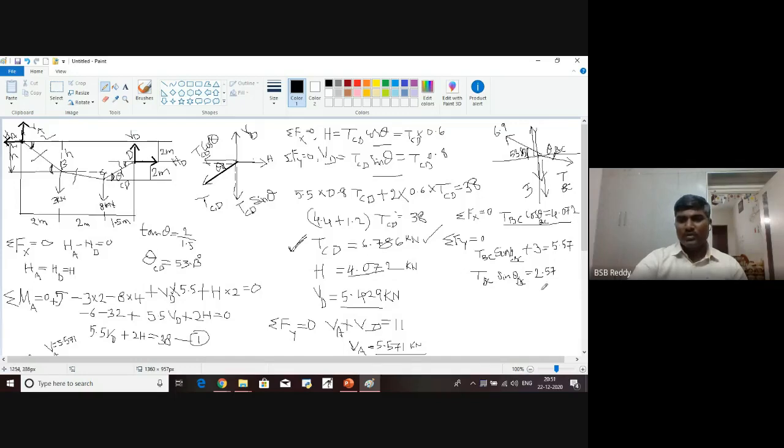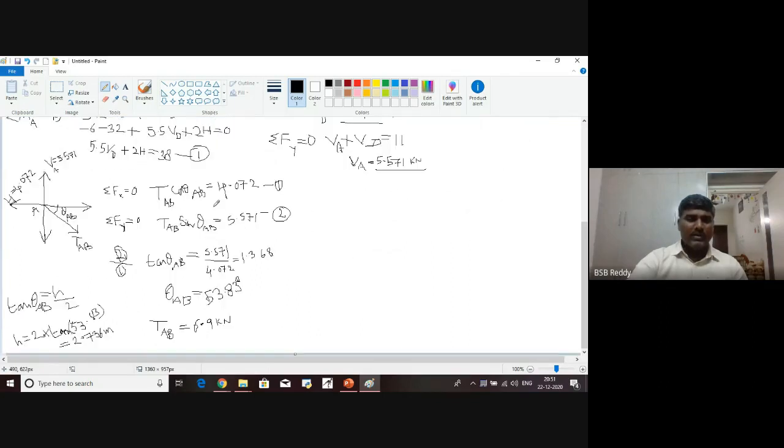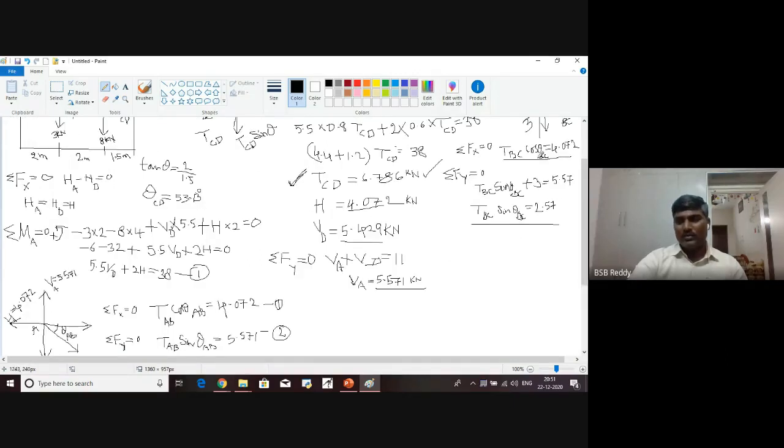So you got this now, and you got this. Dividing one by the other, you will get the theta value, and substituting theta, you will get the TBC value. Let's take these as equation 3 and equation 4. So go for equation 4 by 3.